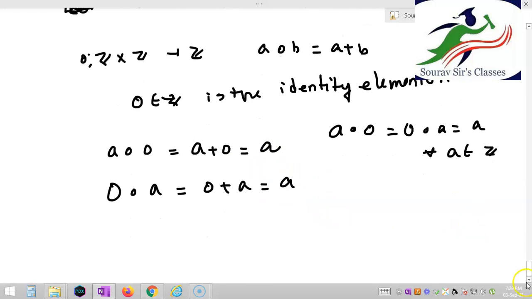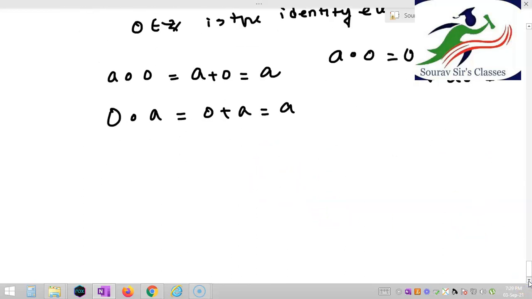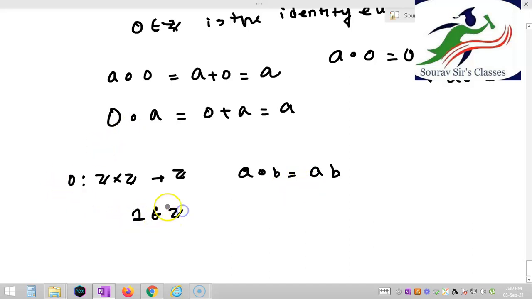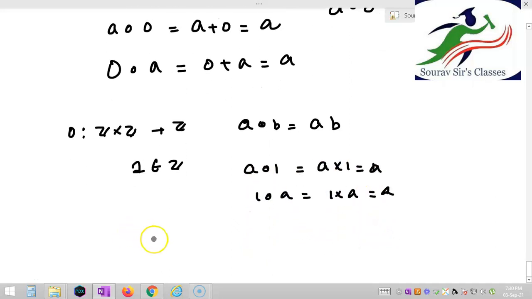But if you change the composition, then you will change the identity element also. If you consider a binary operation on Z cross Z to Z as A compose B is equal to AB, that is the product of two integers, then this time the identity element is 1, as A compose 1 is equal to A into 1 is equal to A, and 1 compose A is equal to 1 into A is equal to A. Then A compose 1 is equal to 1 compose A is equal to A, so this time 1 is the identity element.